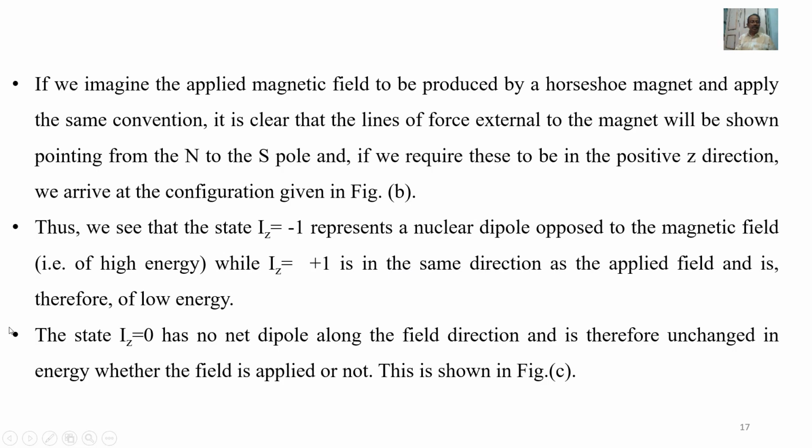The state Iz equals 0 has no net dipole moment along the field direction and is therefore unchanged in energy whether the field is applied or not. So this is shown in figure C.